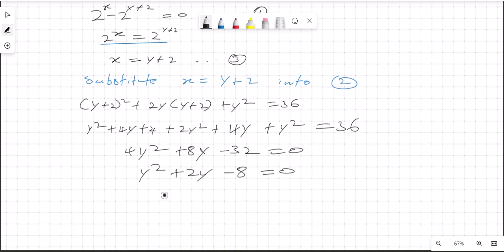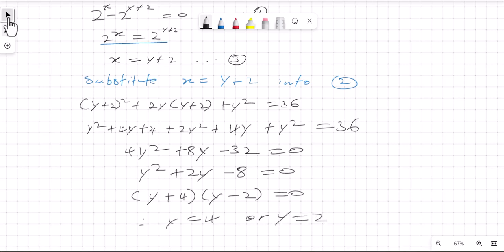Then let's continue with our factorization. Open brackets, y plus 4, y minus 2 equals 0. Therefore, the values of y are as follows: y equals negative 4 or y equals 2.